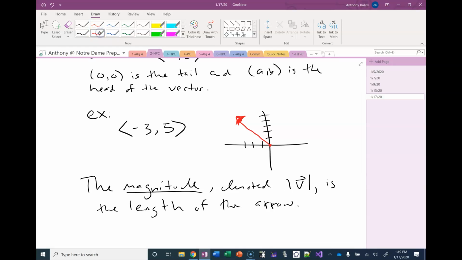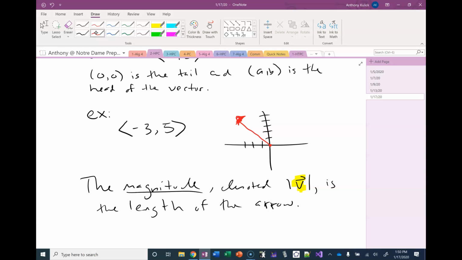Okay. The magnitude, which we denote with the vertical bar notation, is simply the length of the arrow. So probably worth mentioning this here before. So I neglected to do that. Let me mention it now.